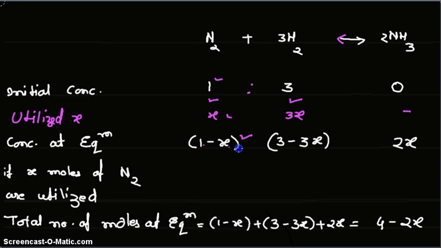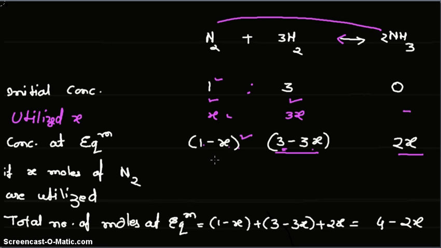This is the undissociated or unutilized number of moles. Same for hydrogen: 3 were there initially and 3x were utilized, so unutilized are 3 minus 3x. What about ammonia? Obviously 2x: from 1 mole of nitrogen, 2 moles of ammonia are formed.